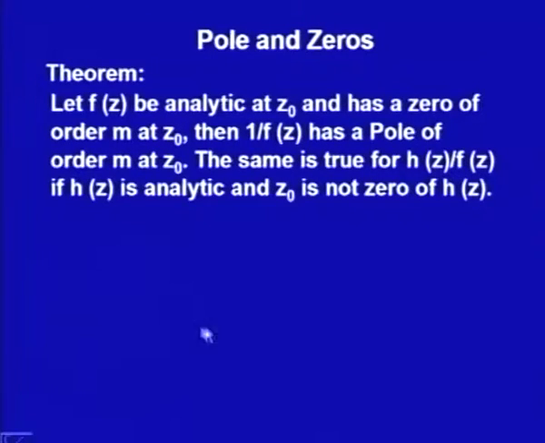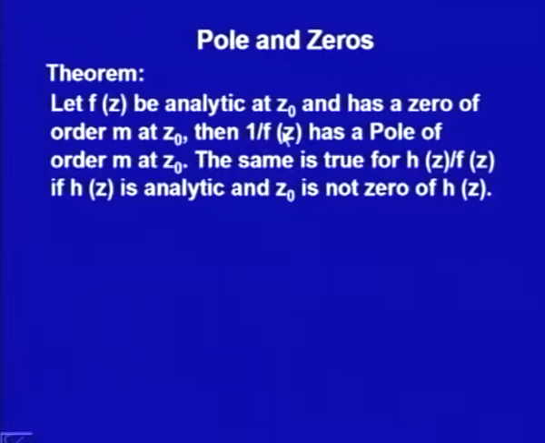So, what we are saying is we are relating the zeros of an analytic function with the poles. If f z is analytic and has a 0 at some point, then 1 upon f z will have a pole at that point and the order of that pole would be the same as the order of that 0 for f z.